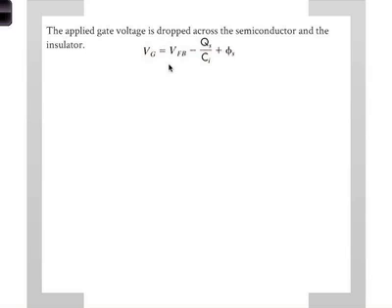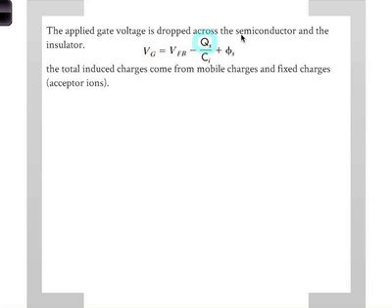Then we have the part that drops across the oxide and compensates for the work function difference between the metal and the semiconductor, the so-called flat band condition. So we have the flat band voltage minus Qs over Ci, where Qs is the surface charge at the interface between the semiconductor and the oxide, Ci is the capacitance per unit area of the oxide, and phi s is the band bending. These are the three terms that you need. That's how the gate voltage gets split. You apply gate voltage, this is what happens with it.